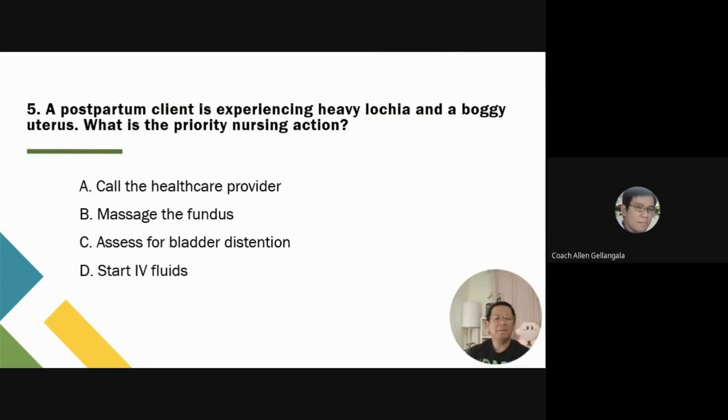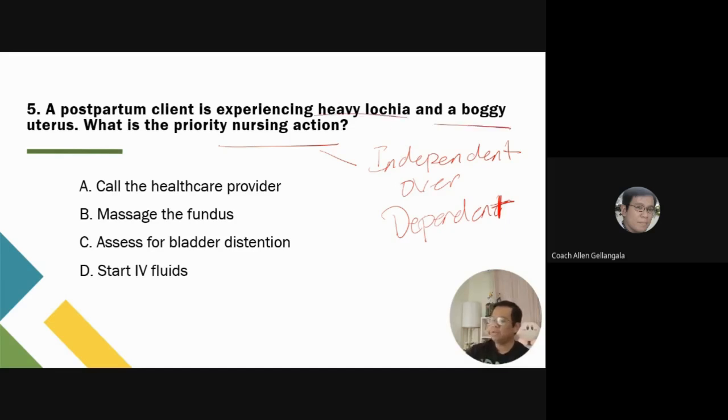Postpartum client experiencing a heavy lochia and a boggy uterus. What is your priority nursing action? When you're talking about a priority nursing action, it is independent first over dependent intervention. So when you have heavy lochia and a boggy uterus, this is an indication of what?